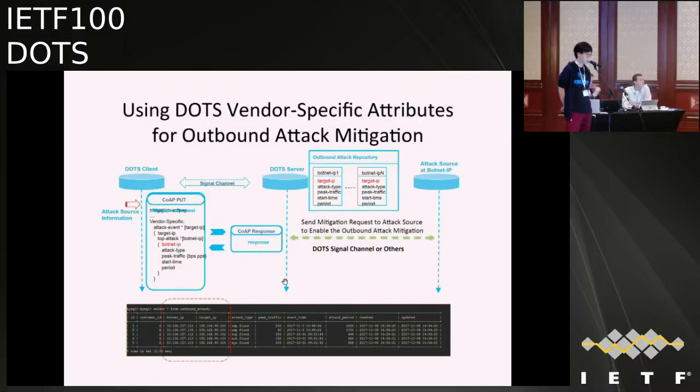I think these two extended tests both passed. Maybe once we finish the first stage of the DOTS protocol, we can consider doing more things based on the current work. So that's our main goal. But firstly, I think the greatest achievement of our test is that we did the basic protocol interoperability test. That's a great success this time. Yeah, that's all.